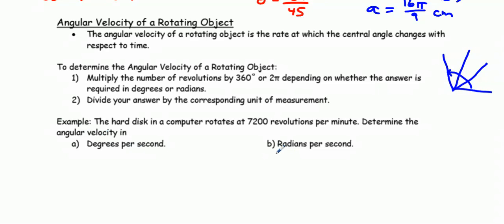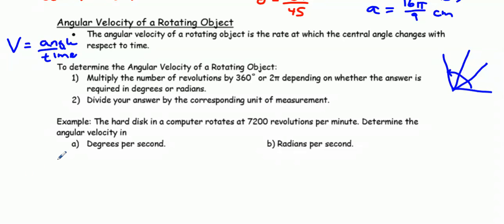Or you can talk about it in terms of radians per second. Okay, what is the rate of change of radians over time? So let's look at this example. The general equation would be the velocity is equal to the angle divided by the time, basically.